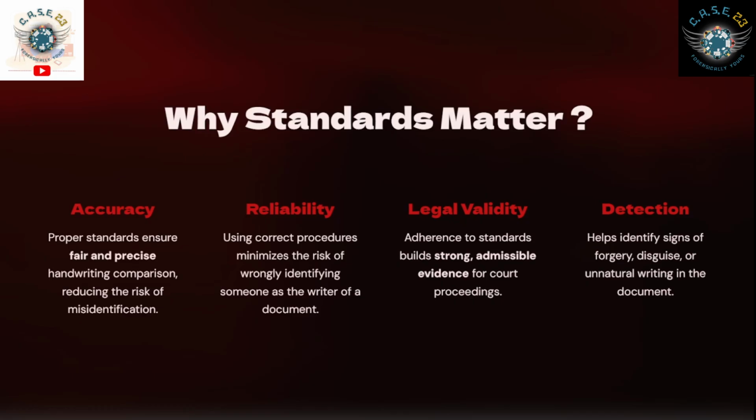It helps ensure that the findings are based on actual handwriting characteristics and not guesswork or surface level similarities. Then legal validity. If the result of any question document analysis or handwriting analysis has to reach a court, it has to be legally valid, since in court evidence has to meet strict rules. If the handwriting analysis was done without following proper standards, the entire evidence can be thrown out.